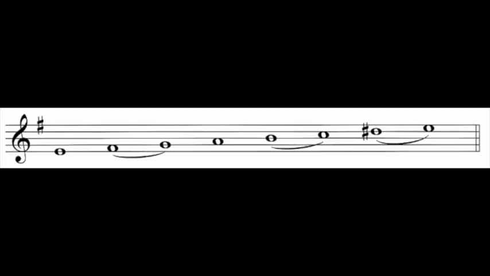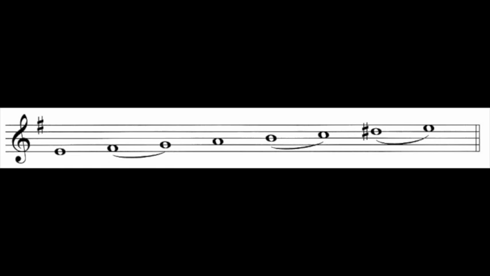Great. So we got some practice there writing out natural minor scales. So our next type of minor scale is the harmonic minor scale. The harmonic minor scale is formed by raising that 7th scale degree of the natural minor scale. Please notice that the raised leading tone is not in the key signature.